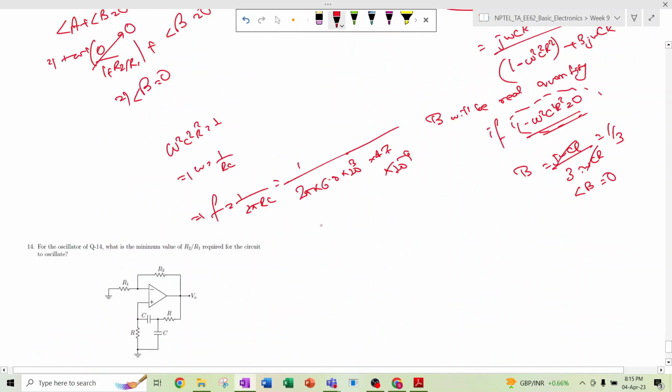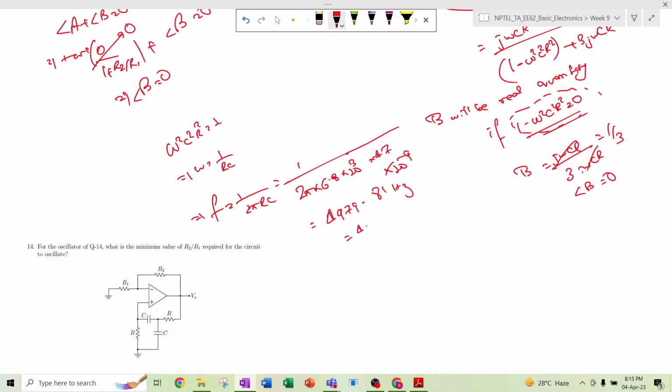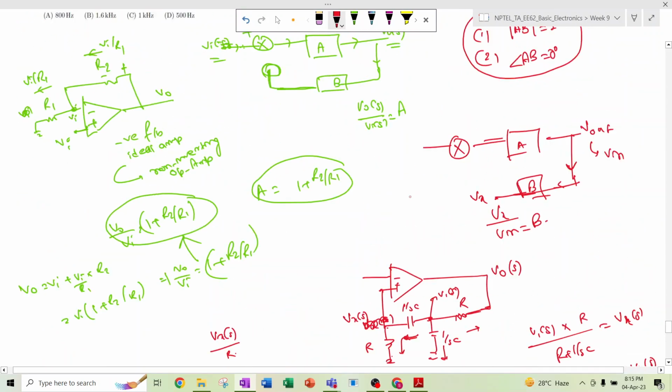It will be 2 into pi into 6.8 into 4.7 into 10 to the power minus 6, divided. So here it will be 4979.81 hertz, that means 4.97 kilohertz.